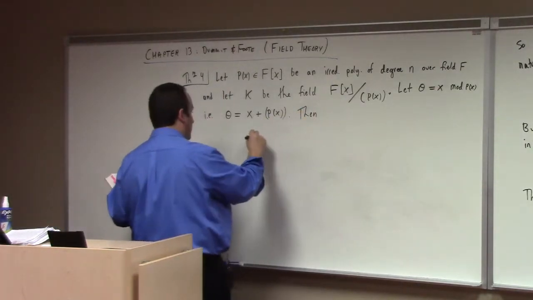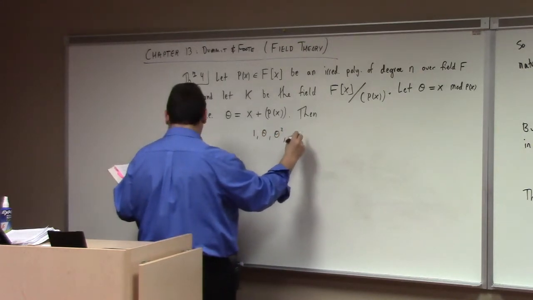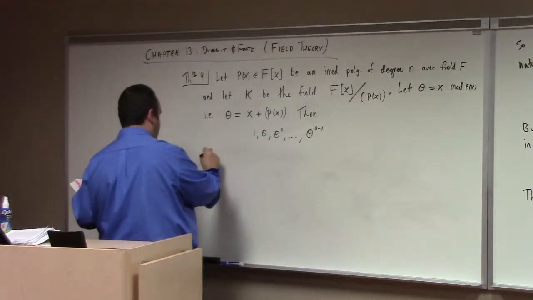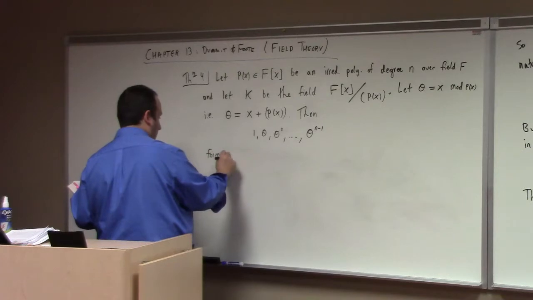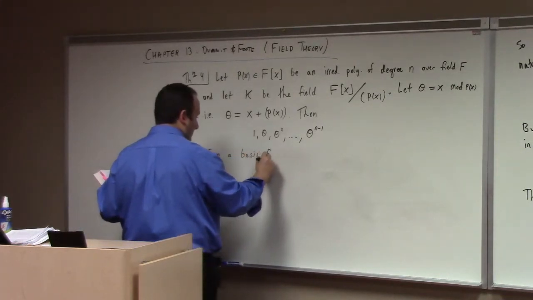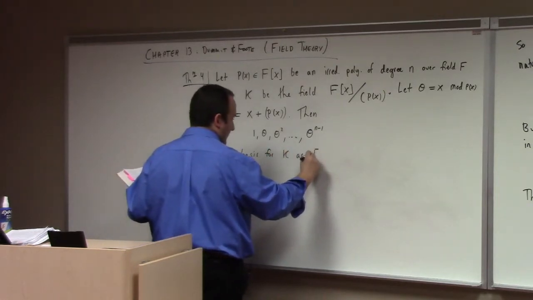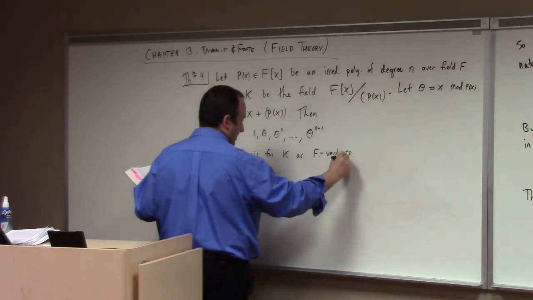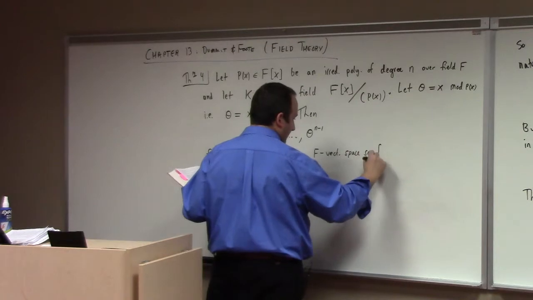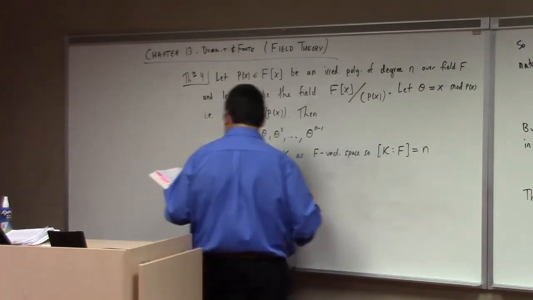Then 1, theta, theta squared, up to theta to the n minus 1 form a basis for K as an F vector space. So the degree of K over F is n.